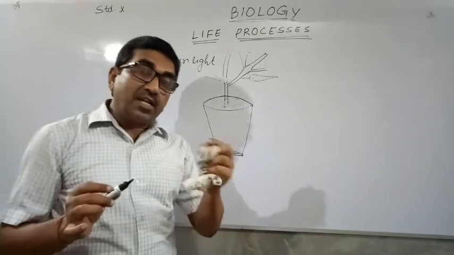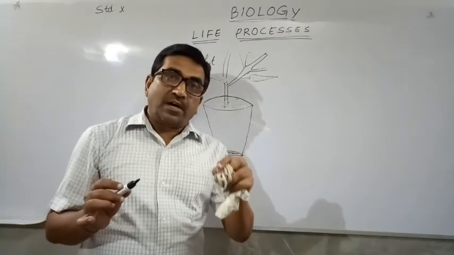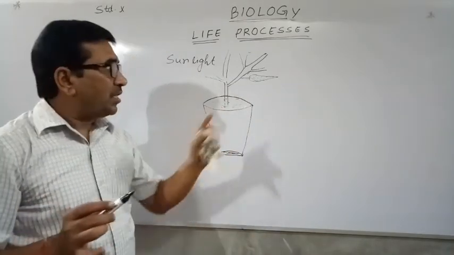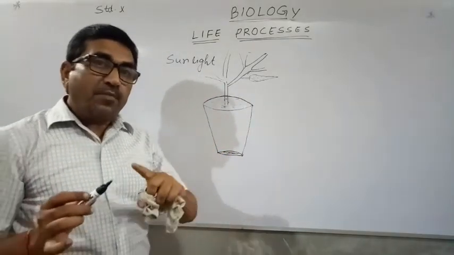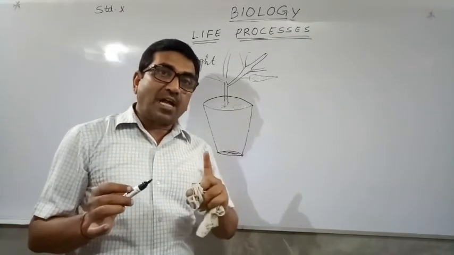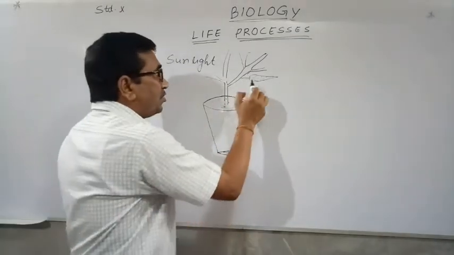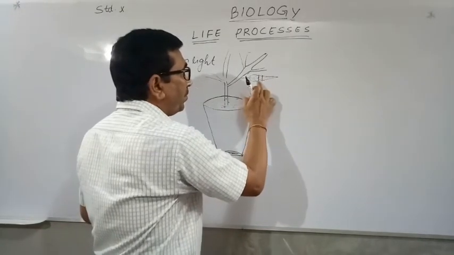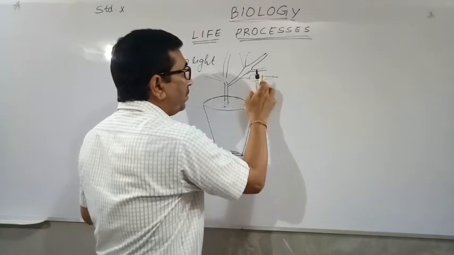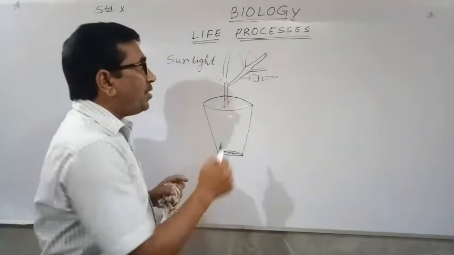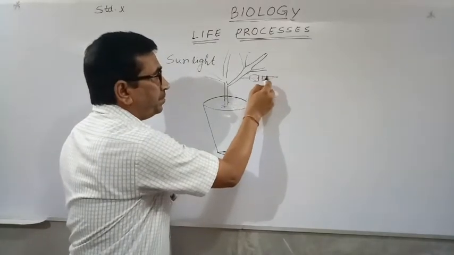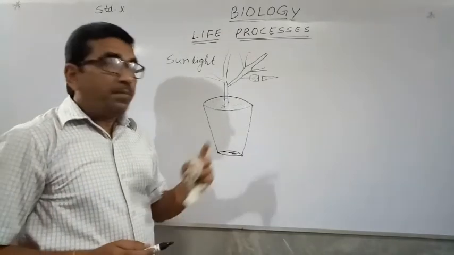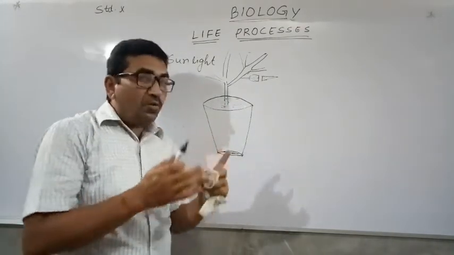Glucose is instantly used by the plant for the release of energy, and the rest of the food is stored in the form of starch. Then we put aluminum foil on the leaf, and we keep the potted plant in the sunlight.